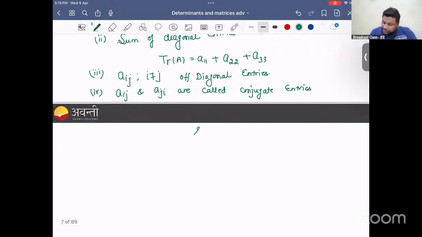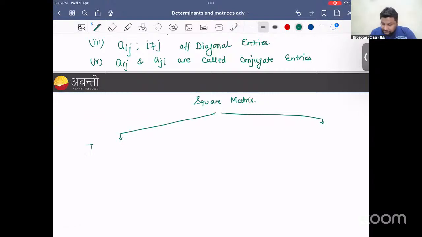Now, what kind of square matrix do we have? One we study is triangular matrix, and the other we see is diagonal matrix.